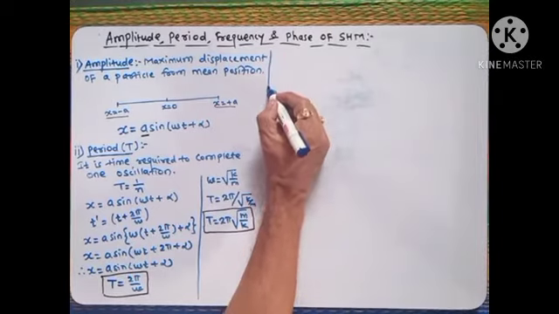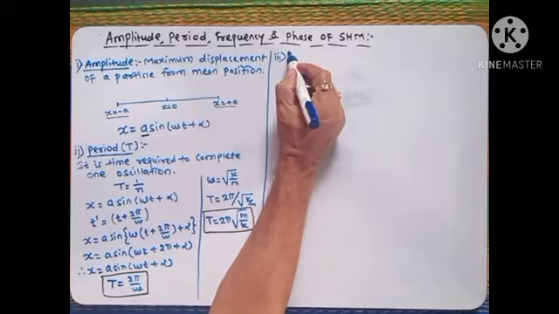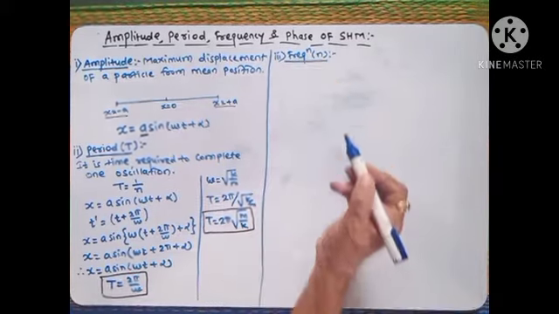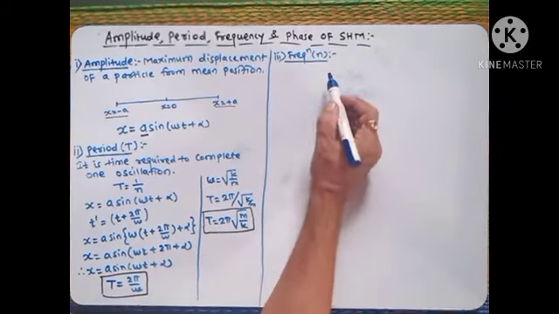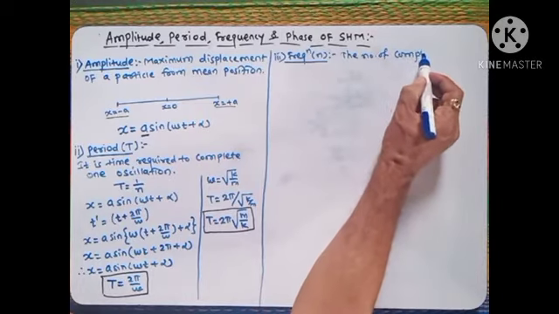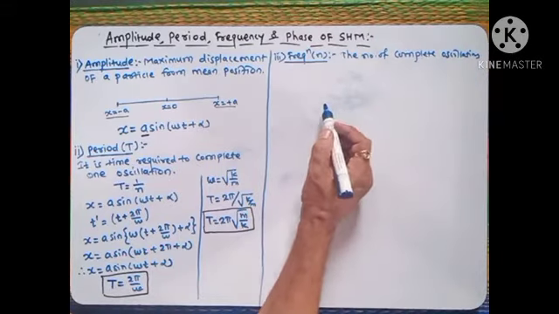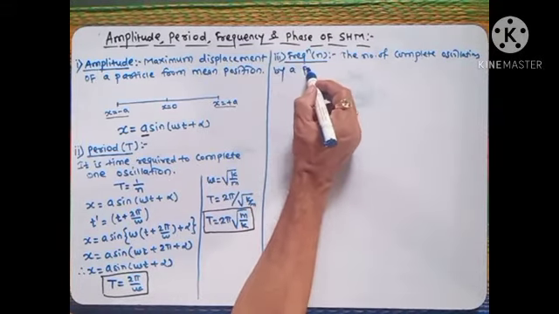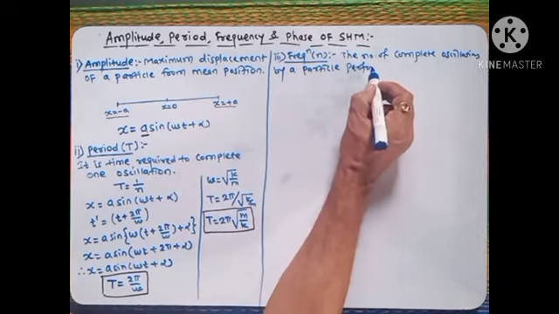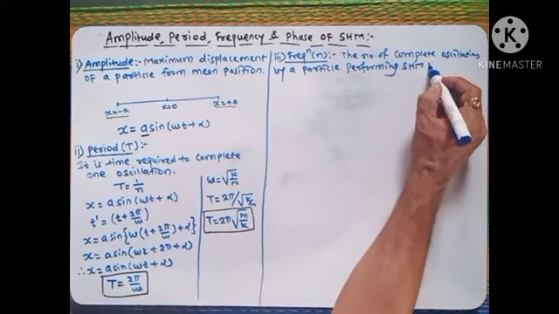Now we consider next definition 3. Frequency denoted by small n. The number of complete oscillations by a particle performing SHM in unit time.